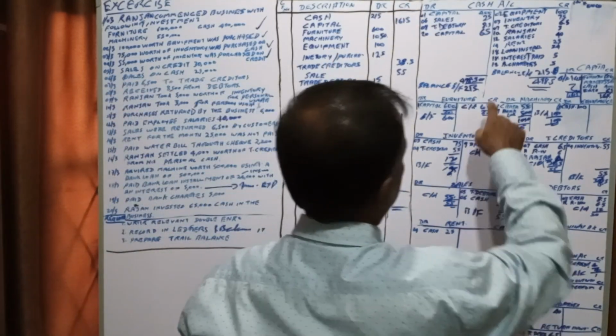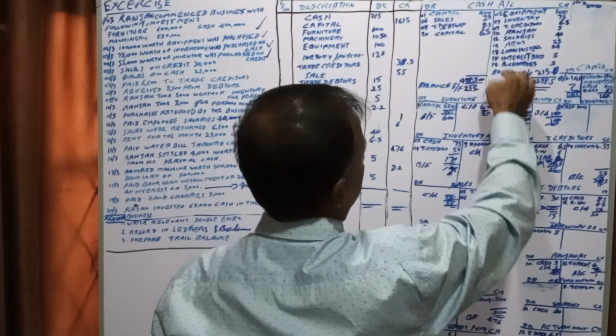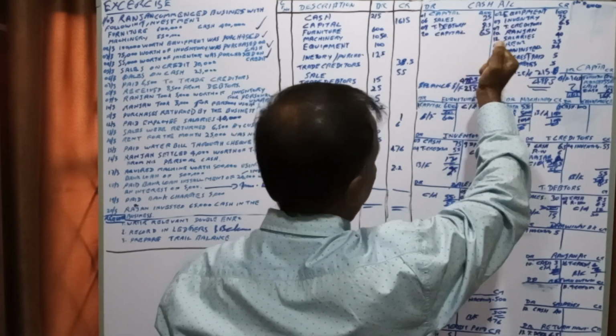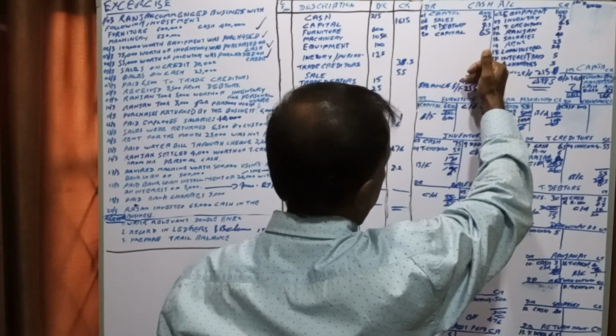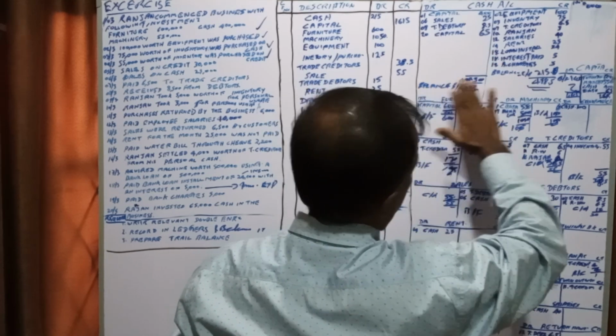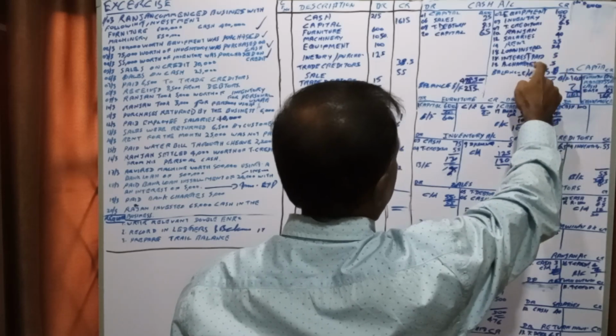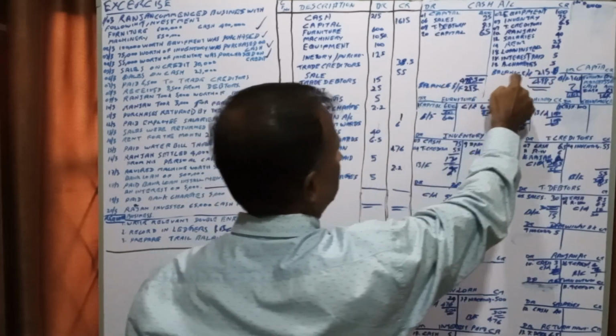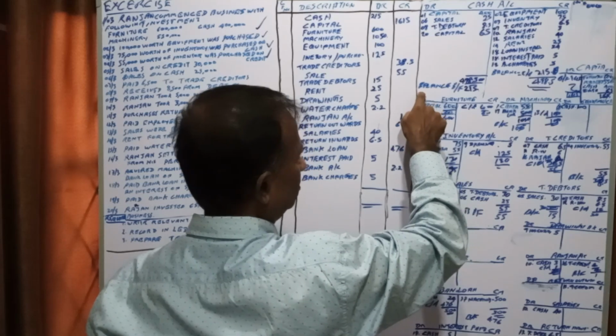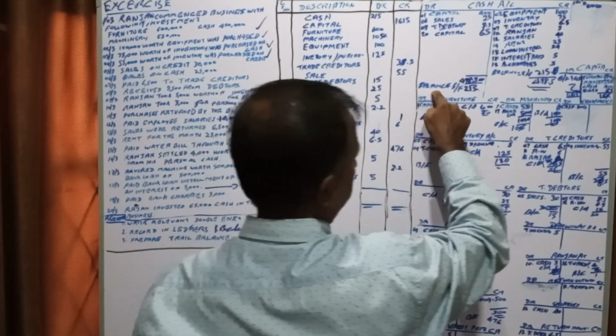When we are balancing, we have to see which side is greater. Take the greater amount here and put it there, and take the balancing figure here, that should be the balance carried down, and here we bring it down as brought forward.